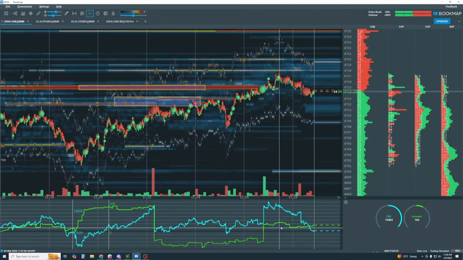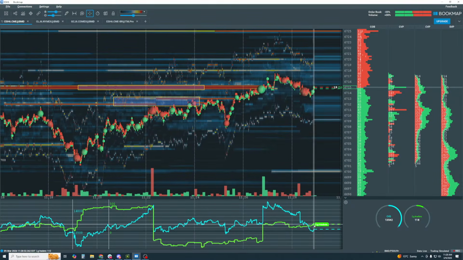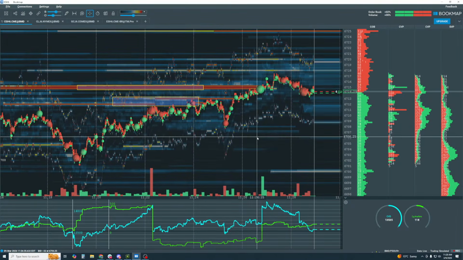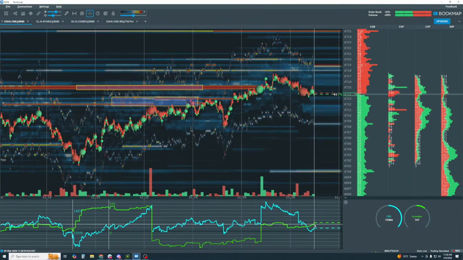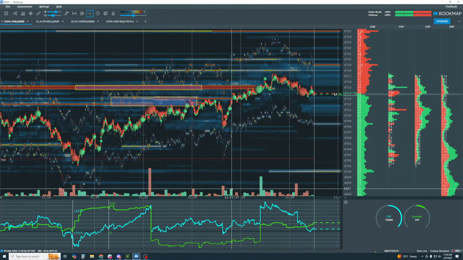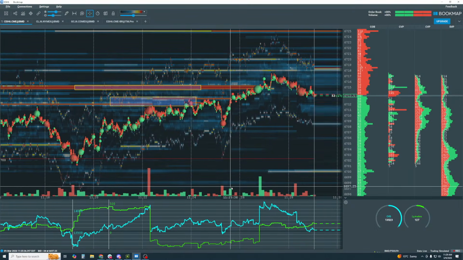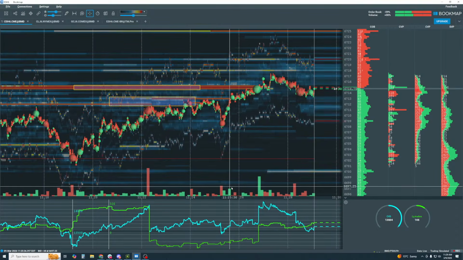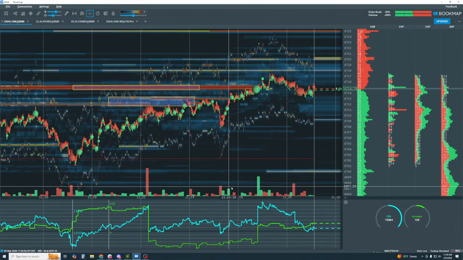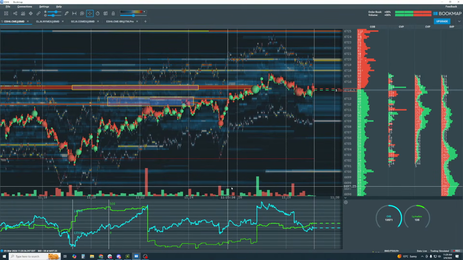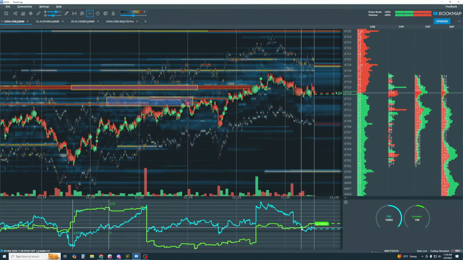Larger players are holding. Now they're starting to buy, just a little bit. Okay, well, this is really interesting, actually.